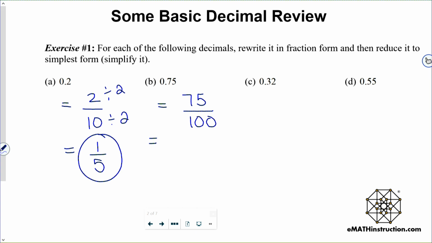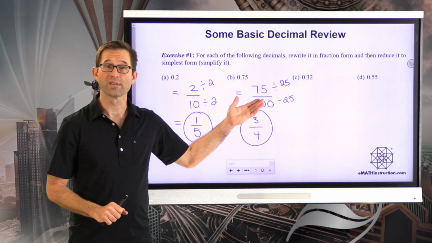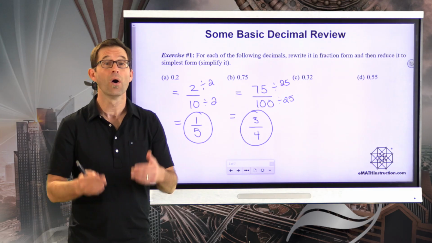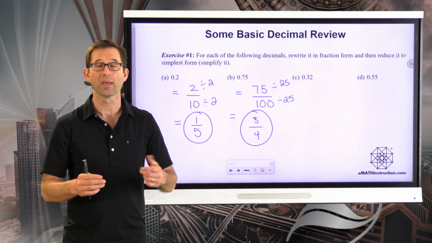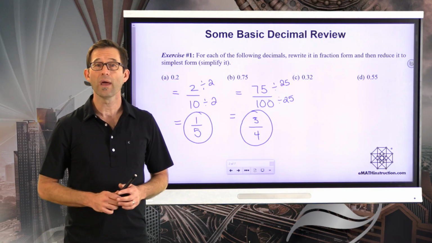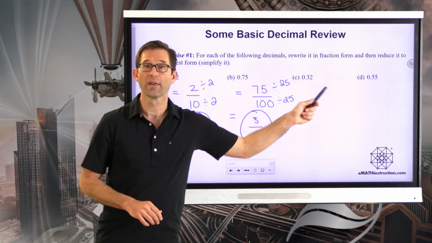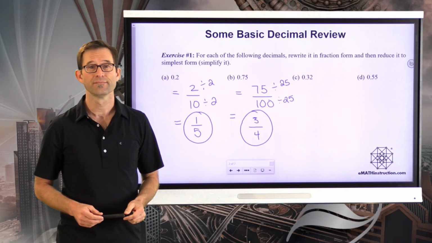Now, 75 divided by 100, or 75 hundredths, we can divide both numerator and denominator of this fraction by 25, and that will give us the common fraction 3/4. So 0.75 and 3/4 are the same number. They're the same quantity. I'd like you now to pause the video and do the same thing to letter C and letter D.